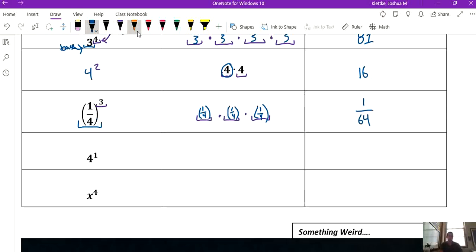Something interesting about that is that if you look at 4 times 4 times 4, that equals 64. 4 times 4 is 16. 16 times 4 is 64. 1 times 1 is 1 times 1 is 1. So that's actually the same as doing 1 to the third over 4 to the third. But that'll be covered in a future lesson.